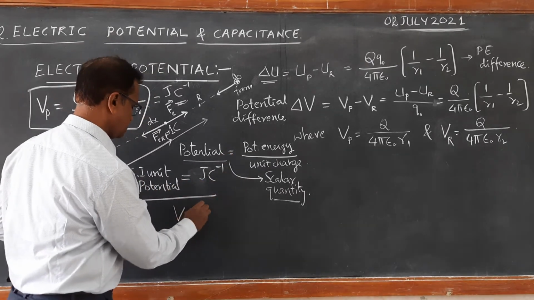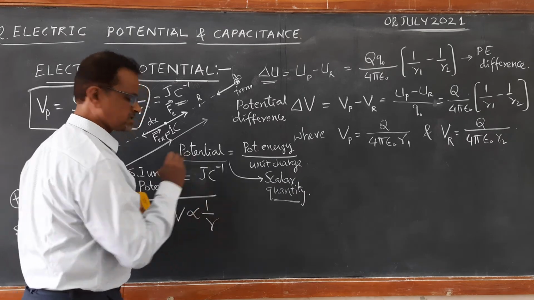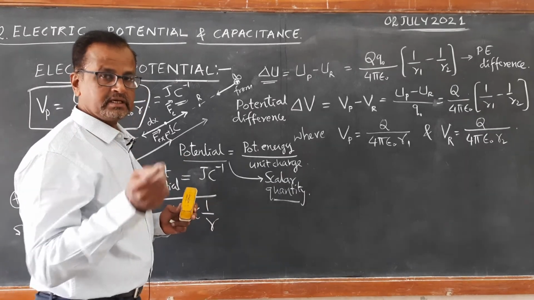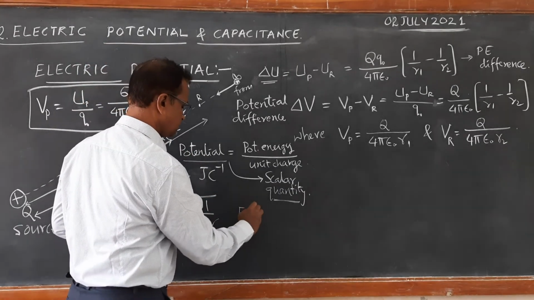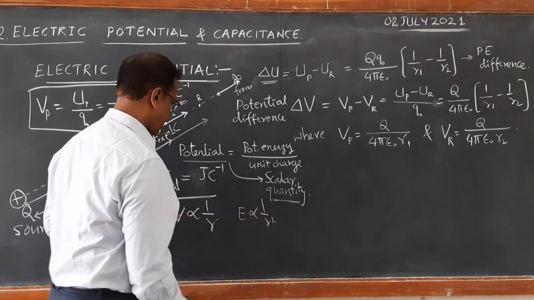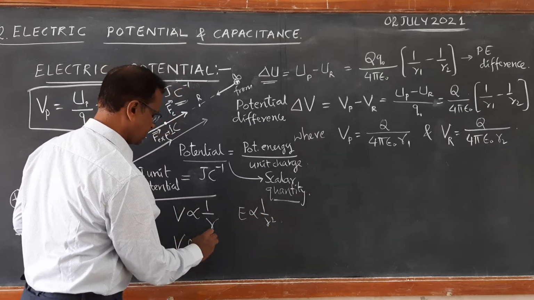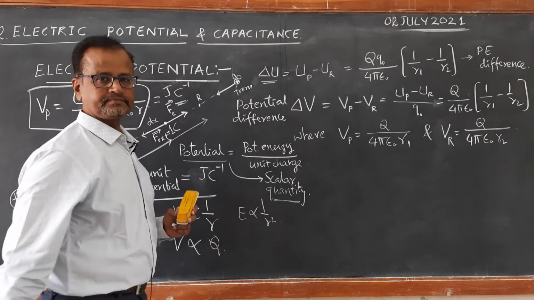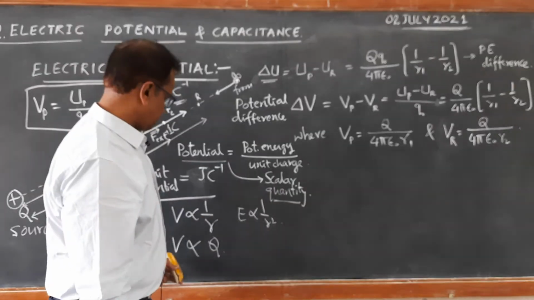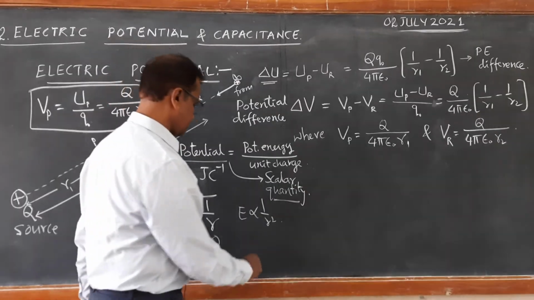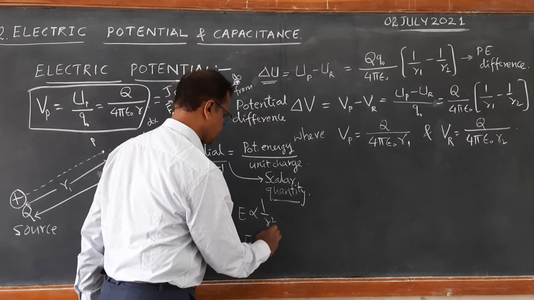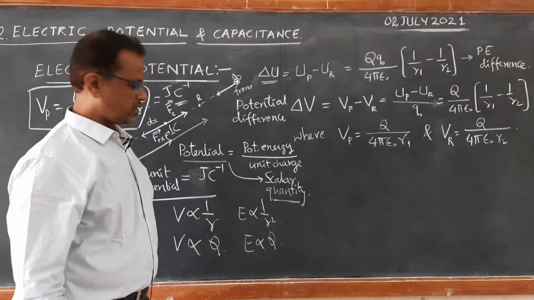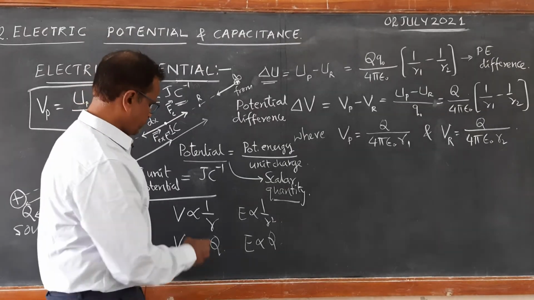V is inversely proportional to distance, whereas E is inversely proportional to the square of the distance. V is directly proportional to the source charge, and here also E is directly proportional to the source charge. So, this is how you can find the difference.